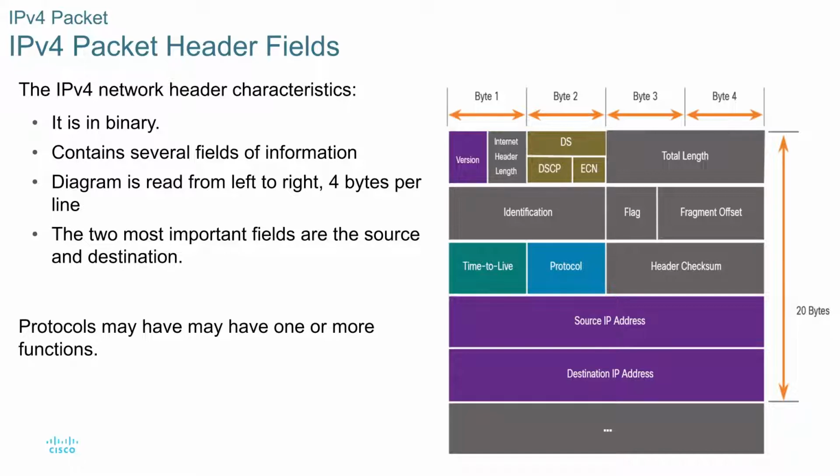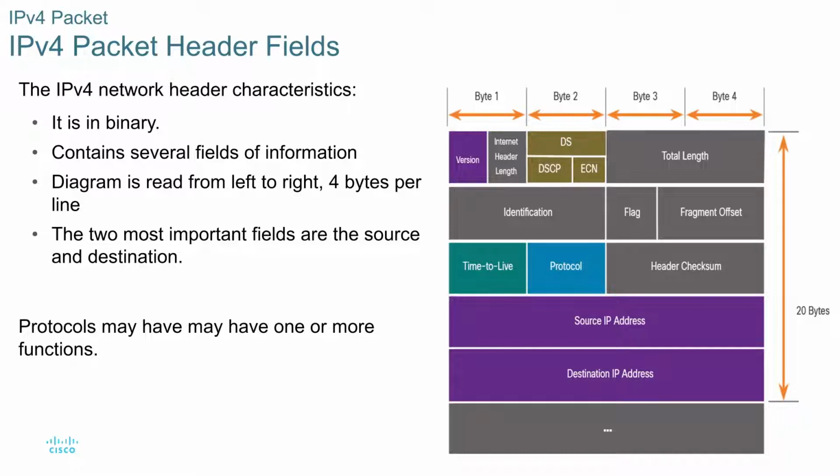Then we have the internet header length, so that we know how long the header is and where the data should begin. The next field is for quality of service. These bits would be set to indicate what type of traffic we're sending and what quality of service we need to give it.